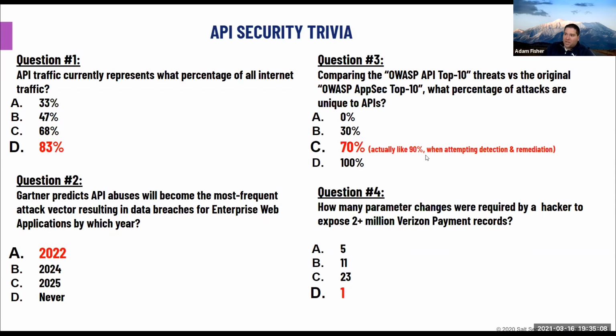But what we're doing here is that the top 10 threats versus the original, we have 70% are unique to APIs on the API top 10. And question number four, how many parameter changes were required? So this is D for one. All right, and glad you guys picked up on that.